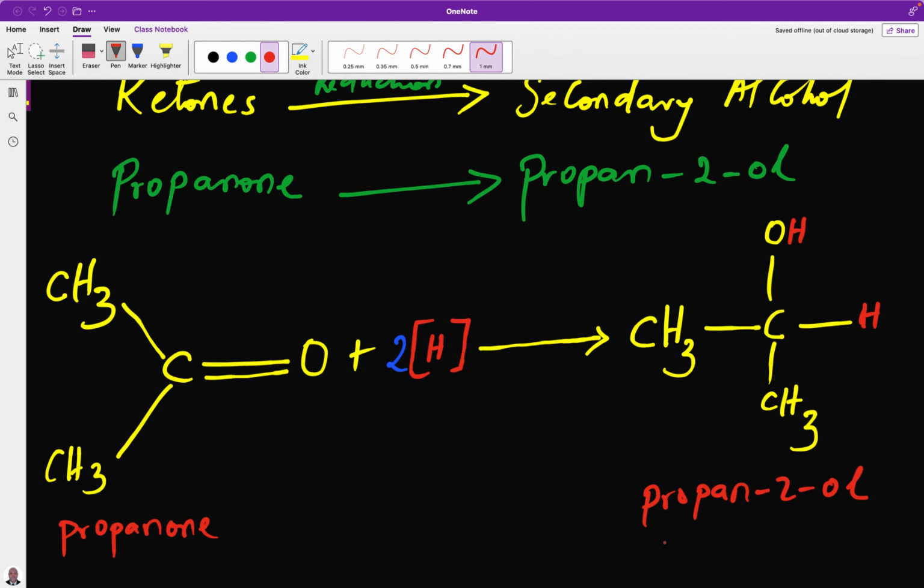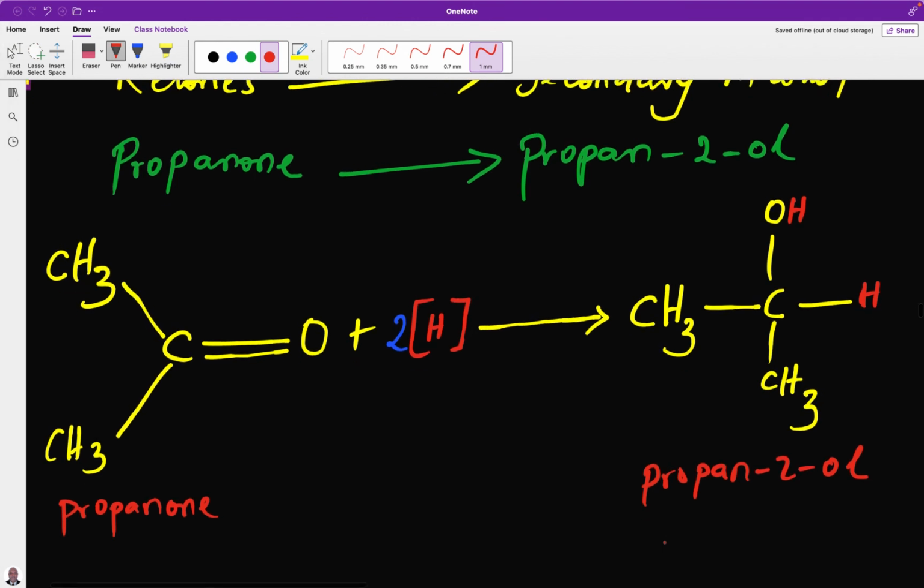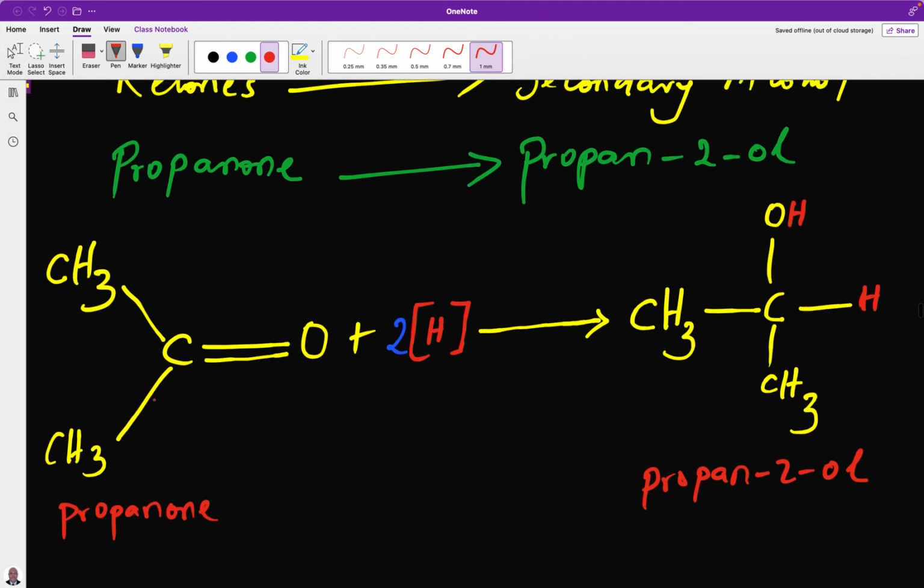Any of them could be used to reduce propanone back to propan-2-ol. When we did that, we had this product, propanone to propan-2-ol.